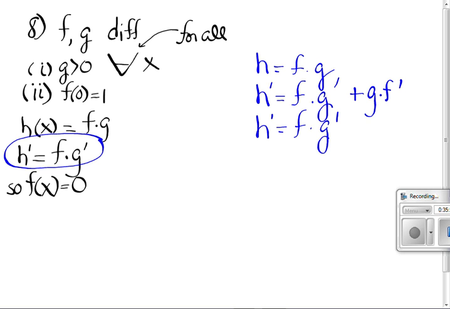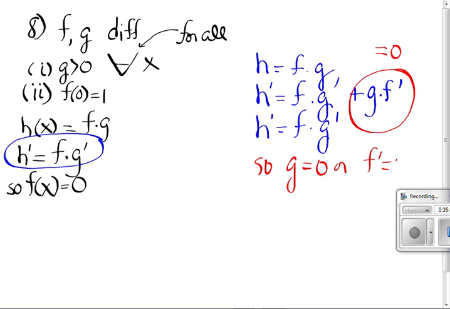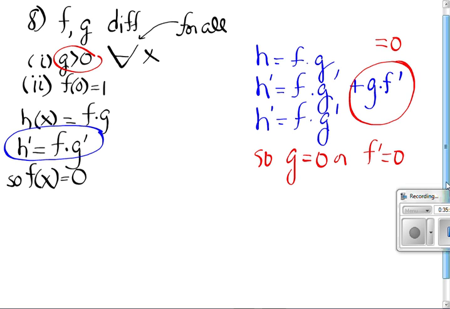That tells me a lot. What does it tell me about that? That has to equal 0. Okay, so either g is 0, or f prime is 0. But they told me that g was not 0. Okay, but we still have a little more thinking to do.